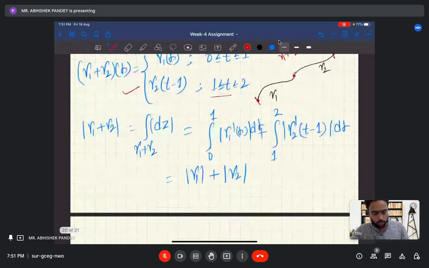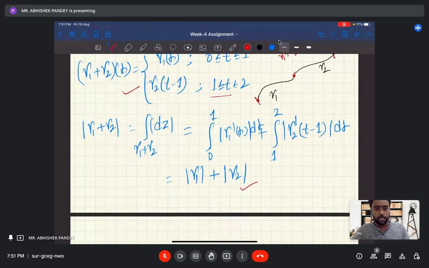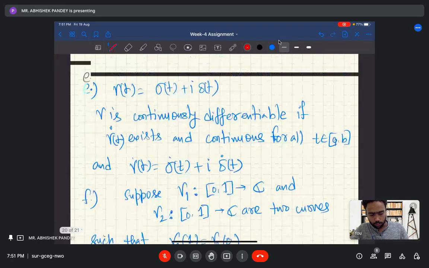Once you calculate the length, you separate the interval into the integral from 0 to 1 and the integral from 1 to 2. Once t is between 1 and 2, t minus 1 is between 0 and 1, so this is again the length of gamma 2. So this option is also correct.